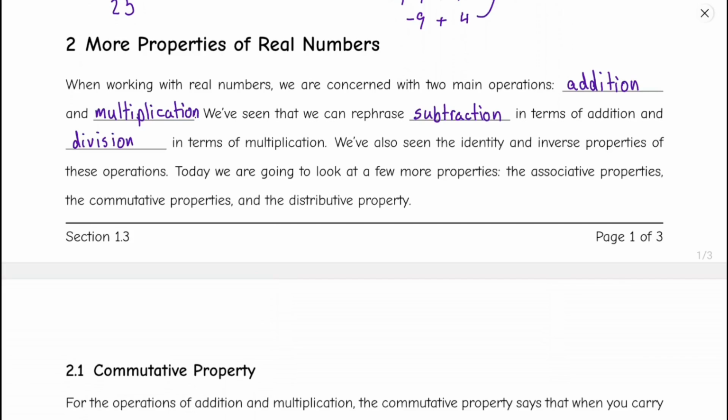And this is the reason why we do addition and subtraction left to right and multiplication and division left to right, because we can rephrase the inverse operation in terms of the original operation. We've also seen the identity and inverse properties of these operations. Today we're going to look at a few more properties: the associative properties, the commutative properties, and the distributive properties.